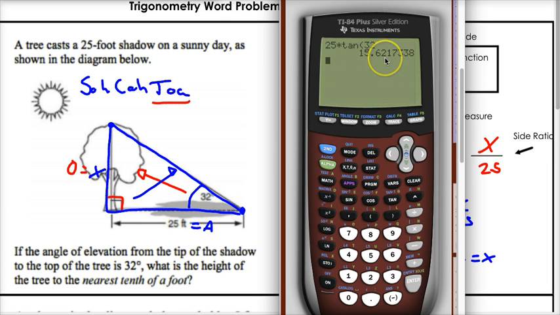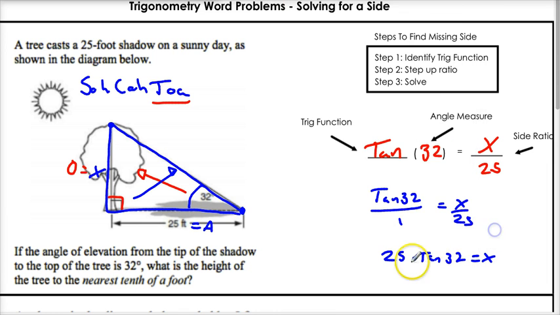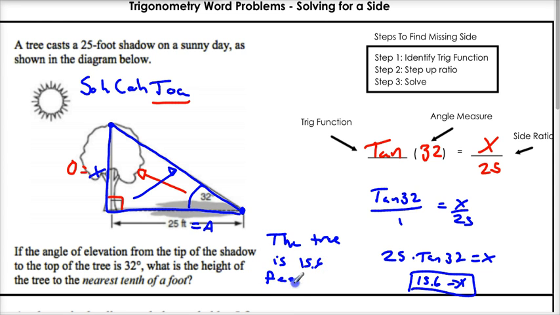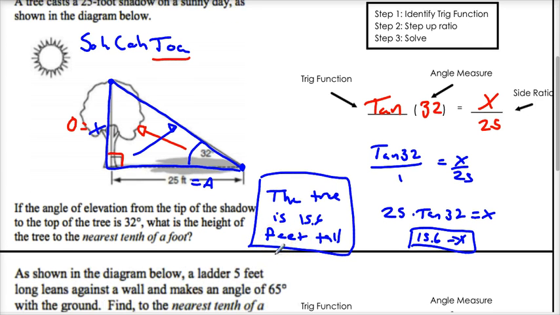And we don't round up because there's a 2 after it. All right? So that's x equals 15.6. So that is the height of the tree. The tree is 15.6 feet tall. Nice. Let's keep going. Let's try another one of these.